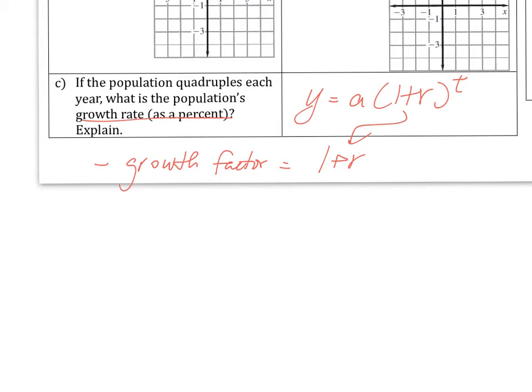And we need to set this equal to 4 because the population quadrupled. And then to solve for r, it would be 3.